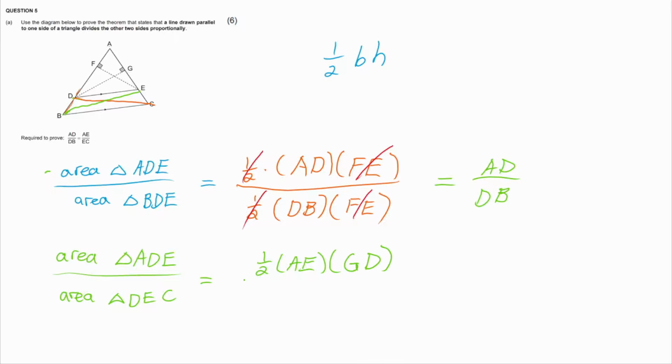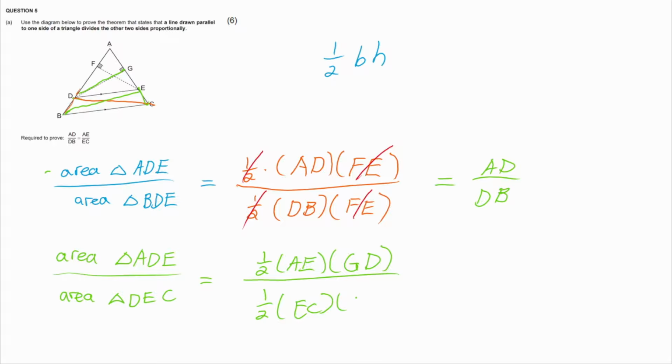The reason we have to use AE is because it's given over there. If this is our base, that's our perpendicular height. Then here at the bottom we have a half, and our base here is EC. We know we have to use EC because it's there at the bottom. Same story. If this is our base, EC, the perpendicular height from our base to this point over here is GD.